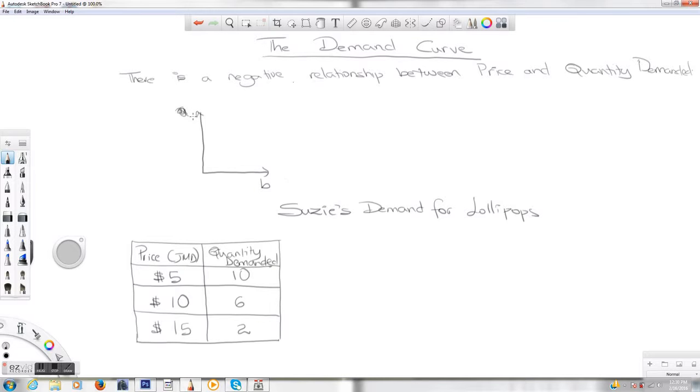If there's a negative relationship between variable A and variable B, then the curve for this relationship will look like that. It will be downward sloping, so either a straight line or however it will be sloping downwards. Right? So this depicts a negative relationship.